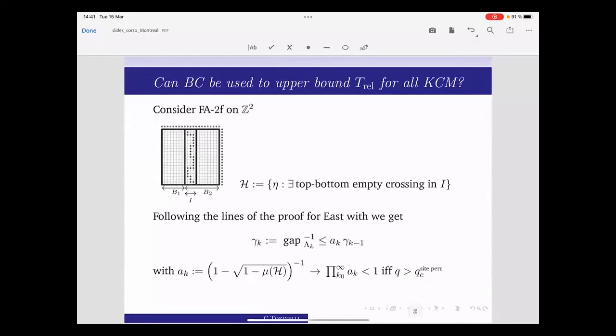First of all, we have to be very careful to choose boundary conditions such that the inequality is meaningful, in the sense that I don't want boundary conditions for which already the relaxation time is infinite. So I have to choose boundary conditions which guarantee that in finite volume I can connect any 2 configurations, otherwise the relaxation time is infinite.